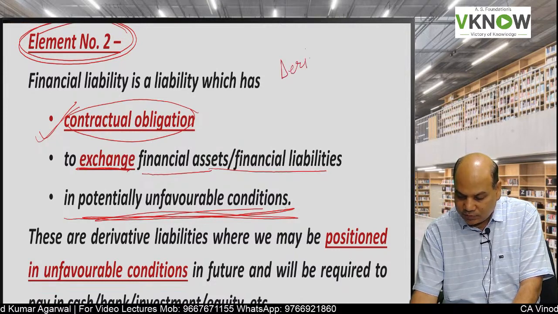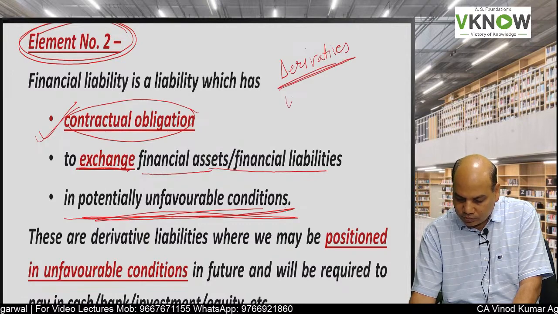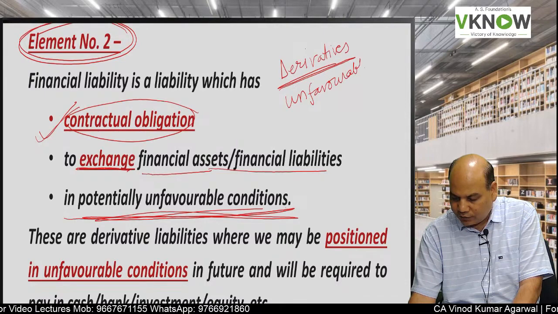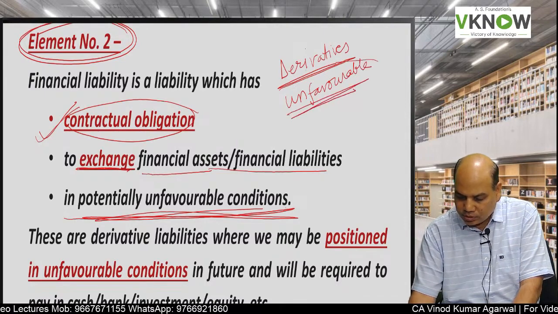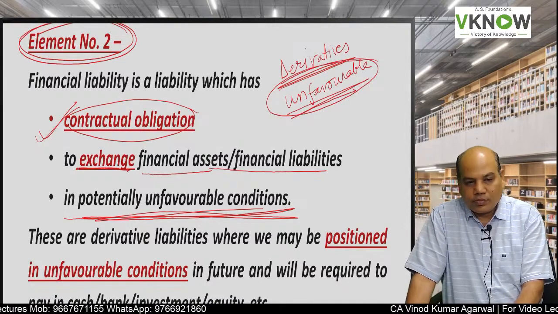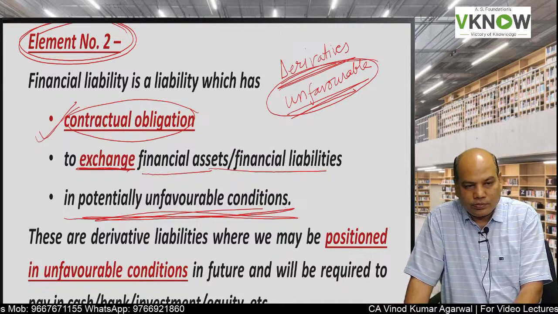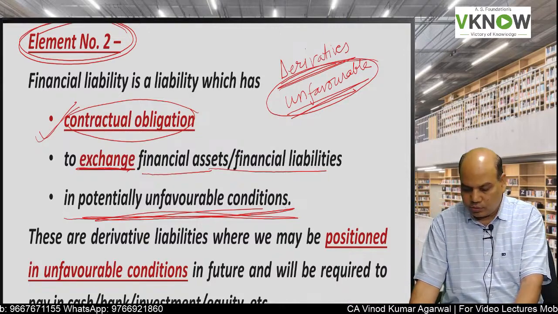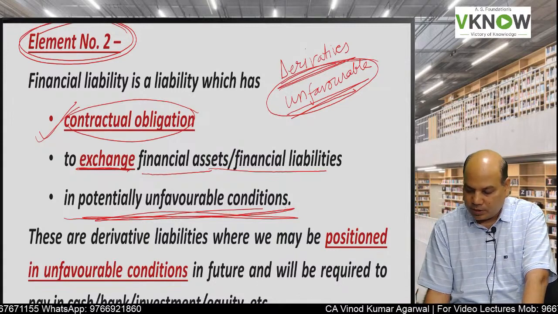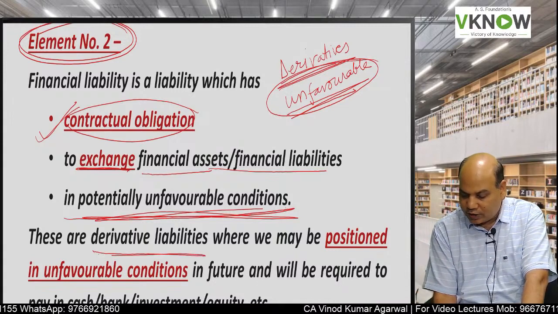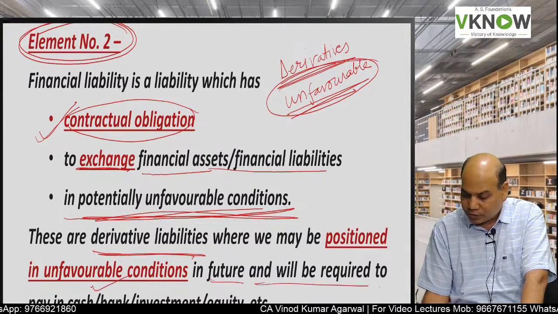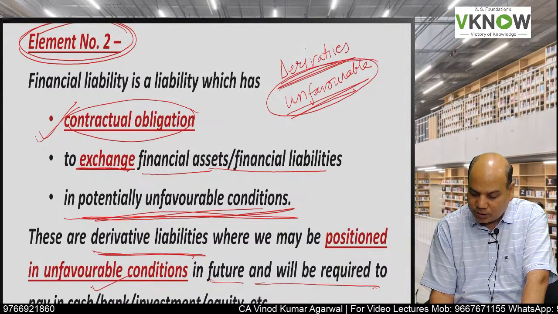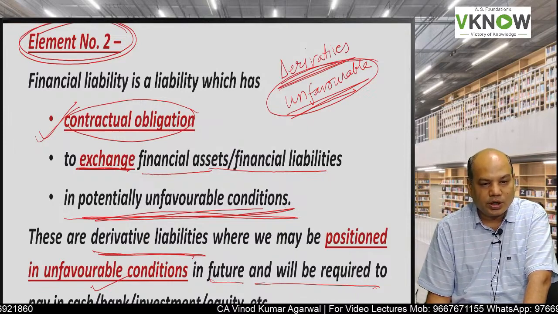These are basically derivatives which have become unfavorable. Unfavorable means when you settle it, it will result in a loss for you. These are derivative liabilities which may be positioned in unfavorable condition in future and you will be required to pay in cash, bank, investment or equity.